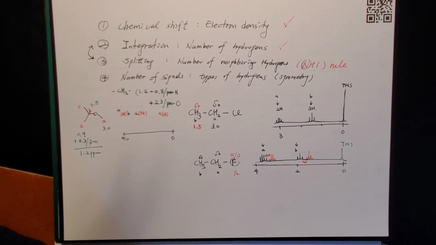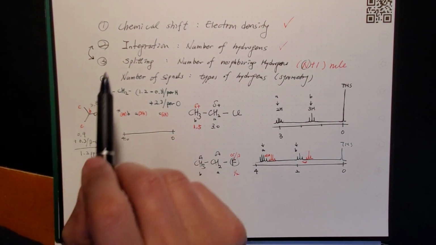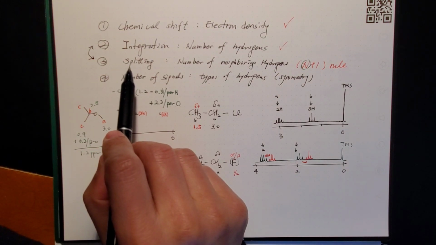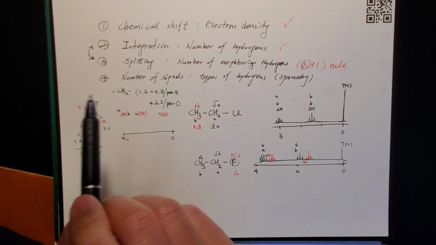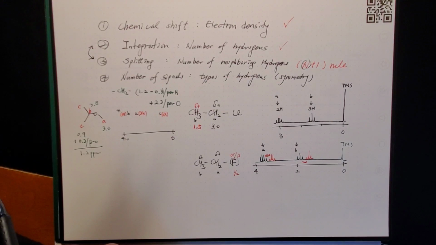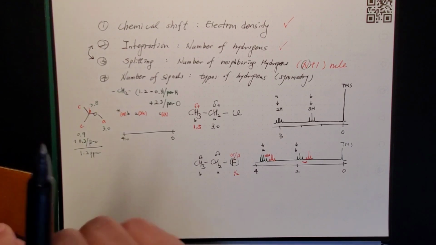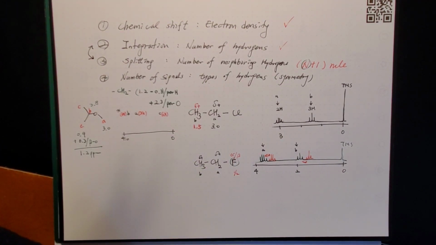If you have more splitting, in order to show the same integration with more split peaks, each little line making that peak should be shorter.